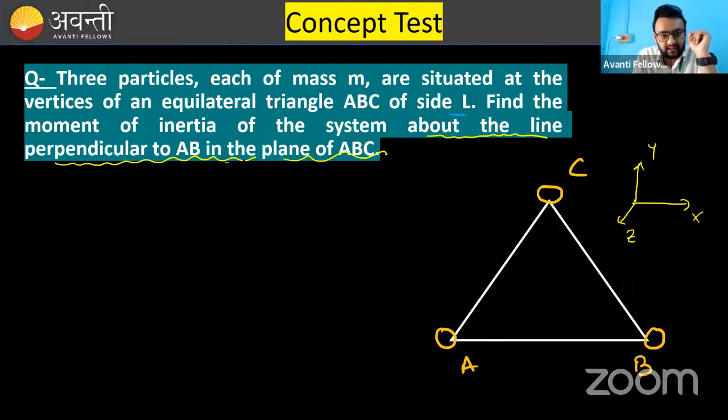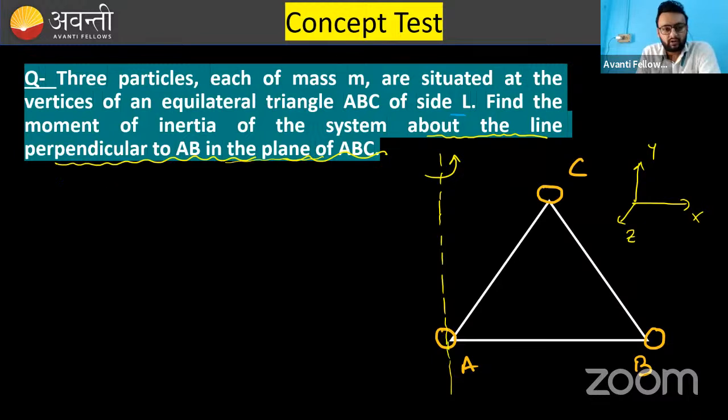But the question says in the plane of ABC, so that means our axis is this one. So first of all, we have identified the axis. This is perpendicular to AB and in the plane of ABC.